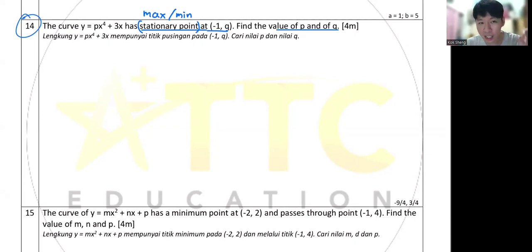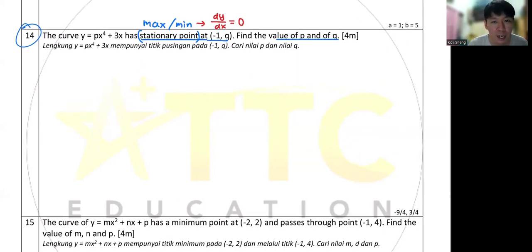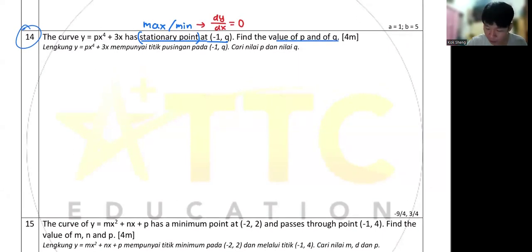That's why the dy over dx, the gradient, must be equal to 0. This is a hidden info: stationary point, maximum, minimum. So now we can use the info already.